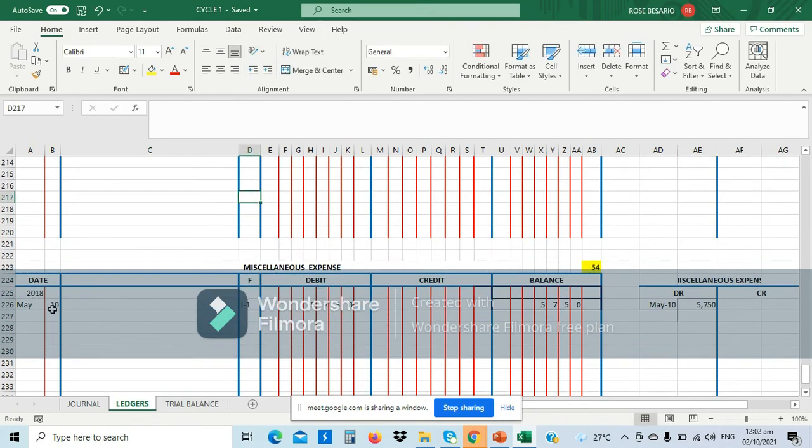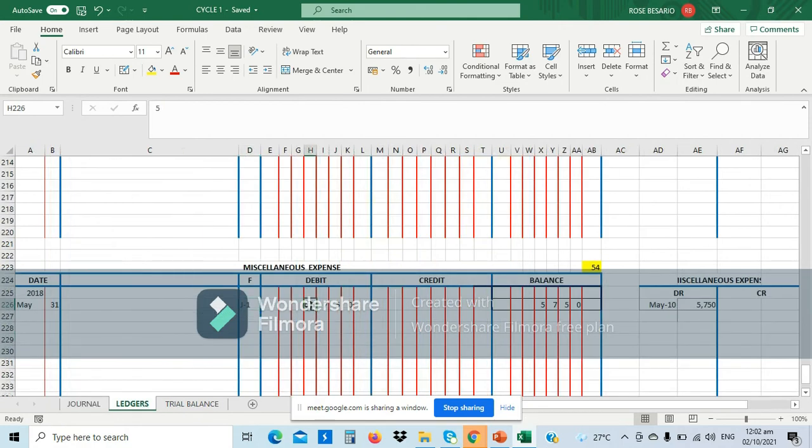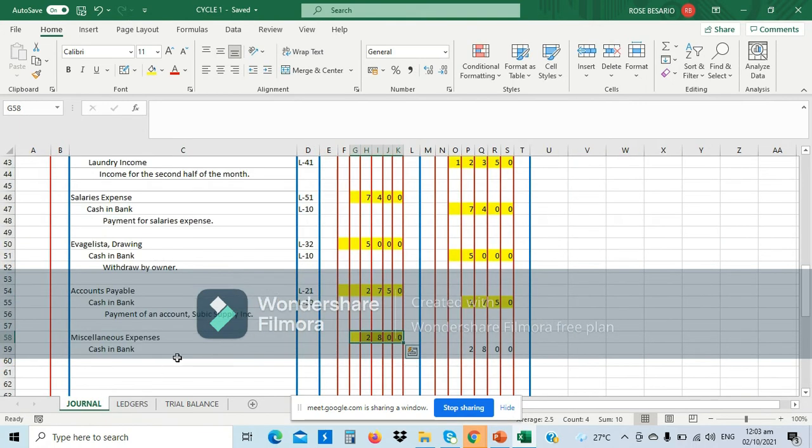Okay, and then 2018, this is 31. From J1, how much is that? 2,800. So 2,800 extend 2,800. Okay, and then this is May 31. Amount is 2,800. Okay, and then our last is cash.